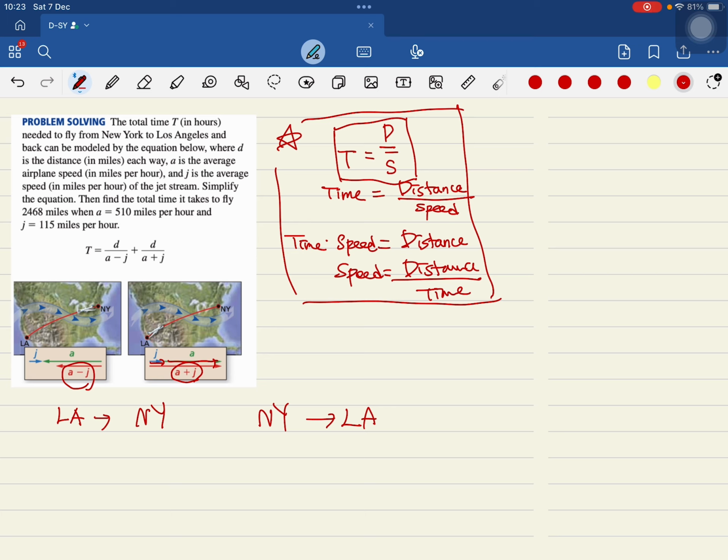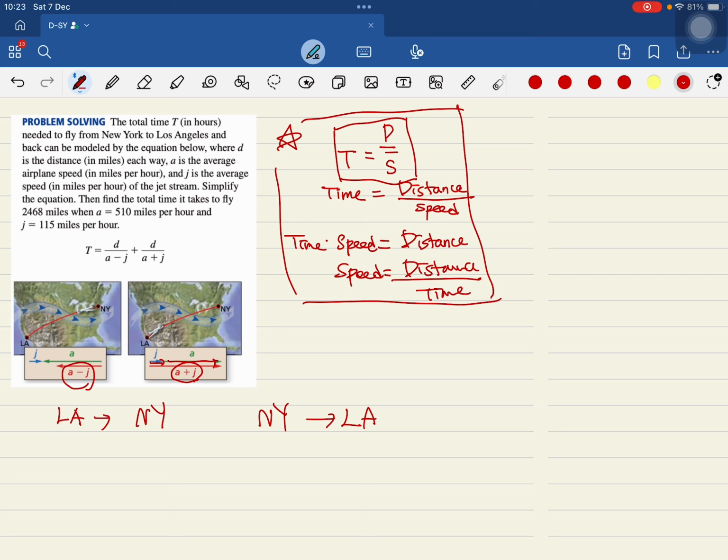Because the description doesn't say the direction of the jet stream, we can just guess: one way is helping, the other way is disturbing. But from the picture, we can see that from New York to LA it is disturbing, and from LA to New York it is helping.